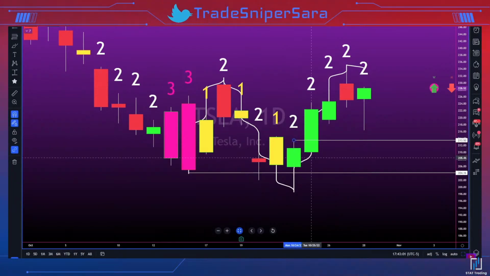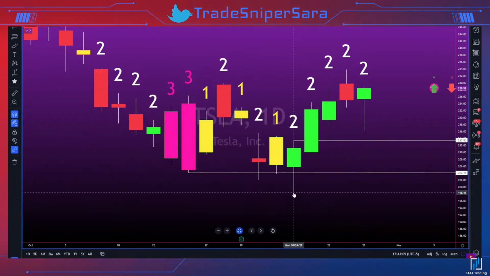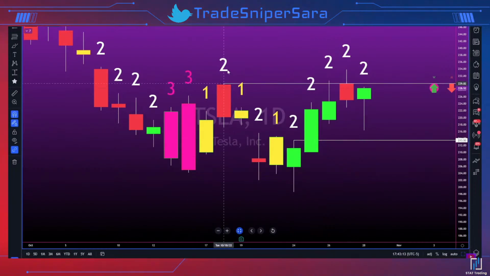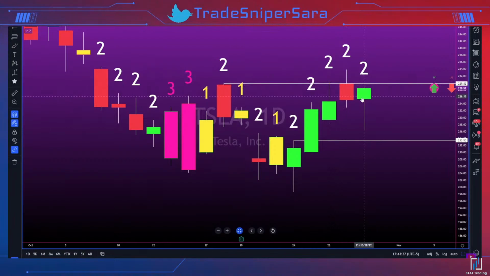So right here, when price went 2 down, 2 up, that's your exhaustion reversal entry. And what are we aiming for? We're aiming for a new pivot high. So once that target has been achieved, that's when, again, we're at exhaustion and we can possibly take a reversal back down.